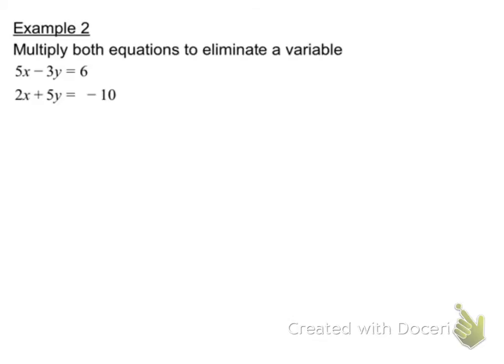So example 2. I'm telling you this time, we're going to have to multiply both equations by a number to eliminate a variable. Okay? And so, we can get rid of the x's or we can get rid of the y's.